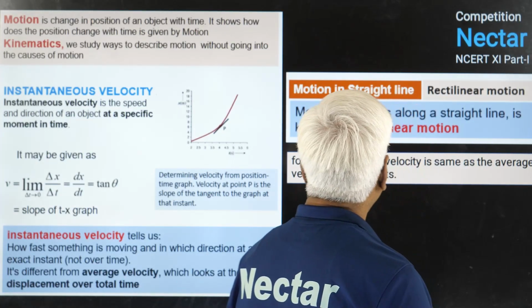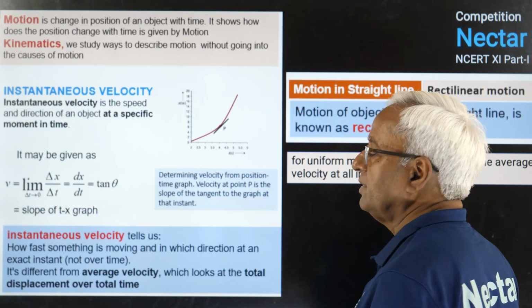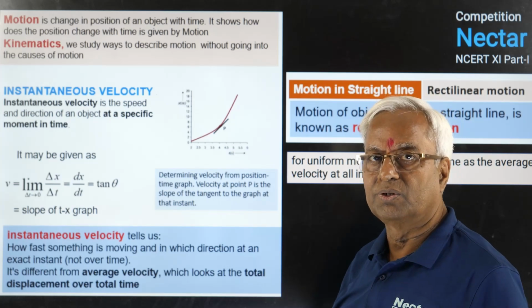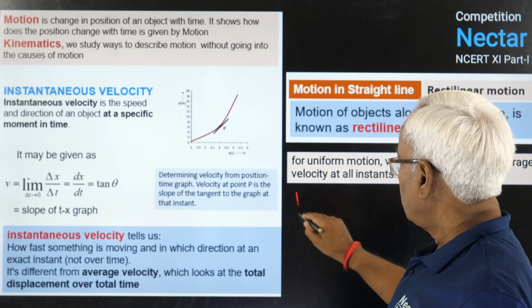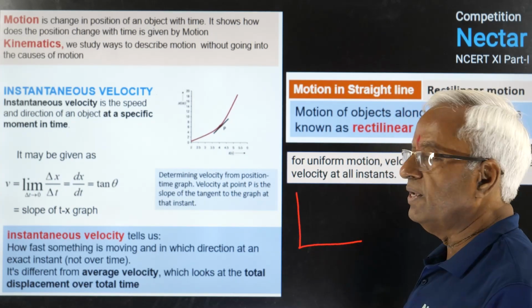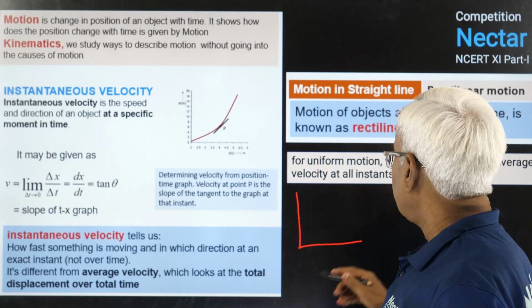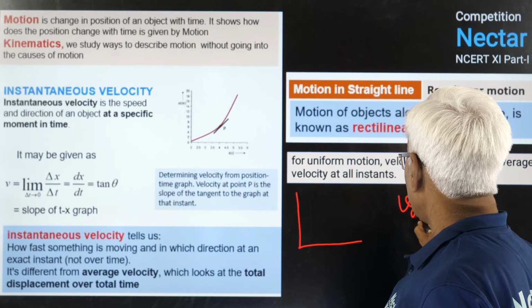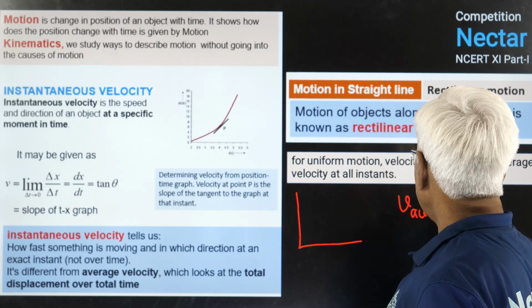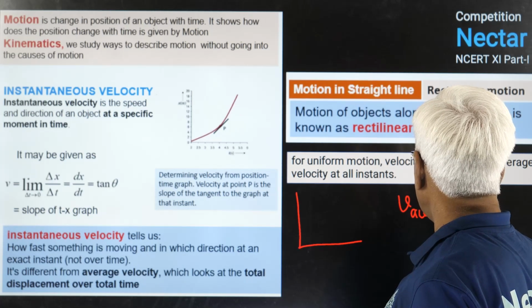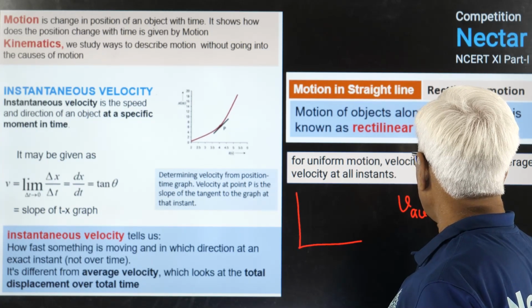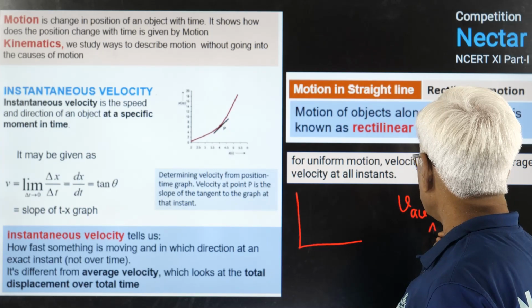Now, for motion, we have studied speed and velocity both. We want to know what instantaneous velocity is. For instantaneous velocity, the formula that we got for average velocity will be subjected to the limit, again as in the case of instantaneous speed.